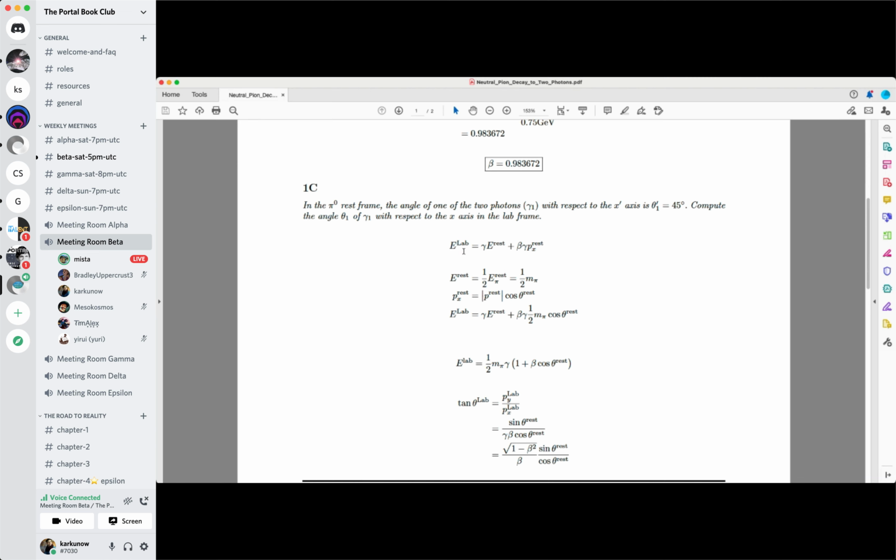This would be P0 in the lab frame. And so you just do gamma times P0 in the rest frame. And then this right here is a plus because we're doing an inverse Lorentz transformation, right? So beta would go to minus beta.